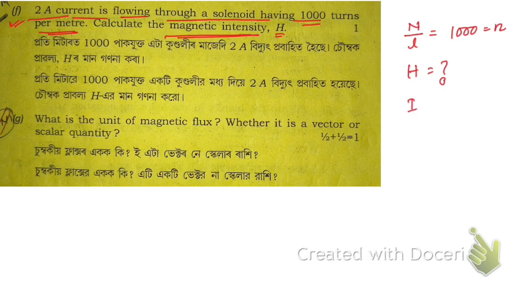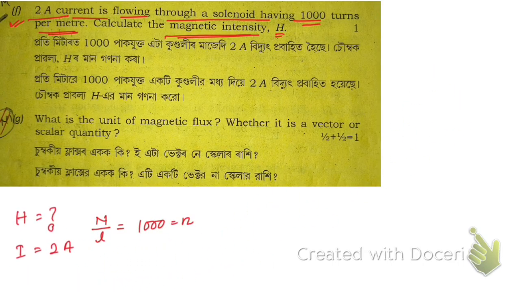Current is given, that is 2 ampere. Hope you know this relation. First let me write the given data to solve this problem. B is equal to mu naught n i. Hope you know this.